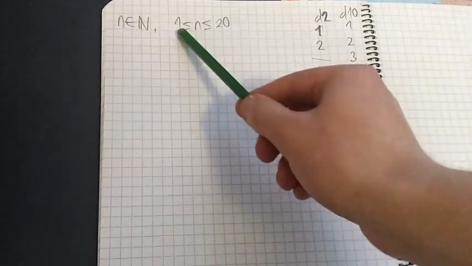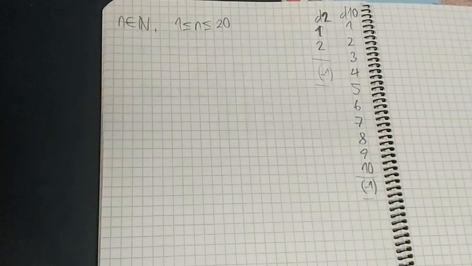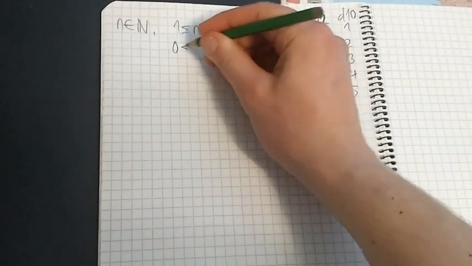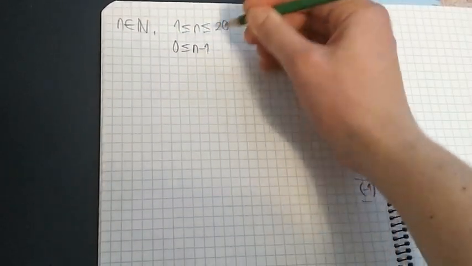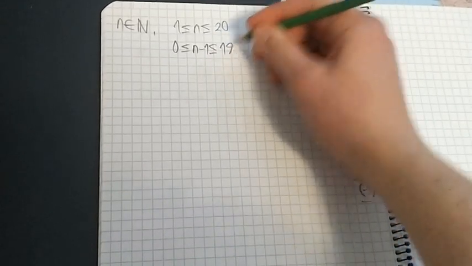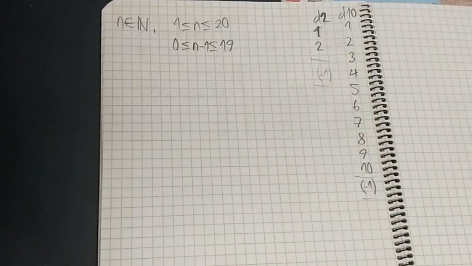So let's consider that n is an integer between 1 and 20. That means that n minus 1 is an integer between 0 and 19.